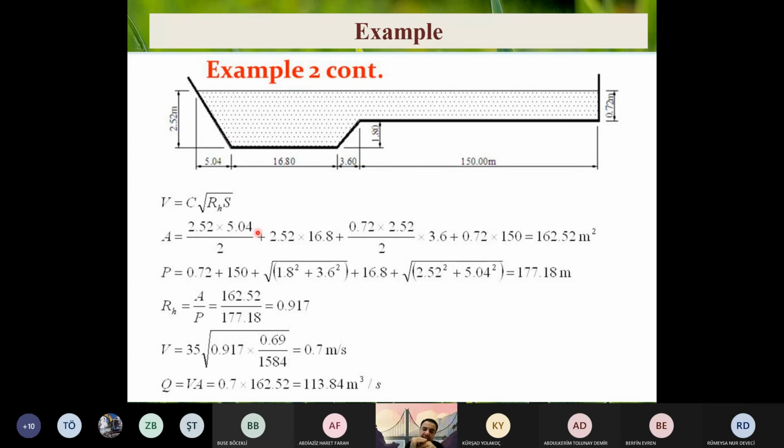And the second method that I explained, separating the compound channel into different regular channels, calculating discharge in the separated zones, then adding together, is the correct way.